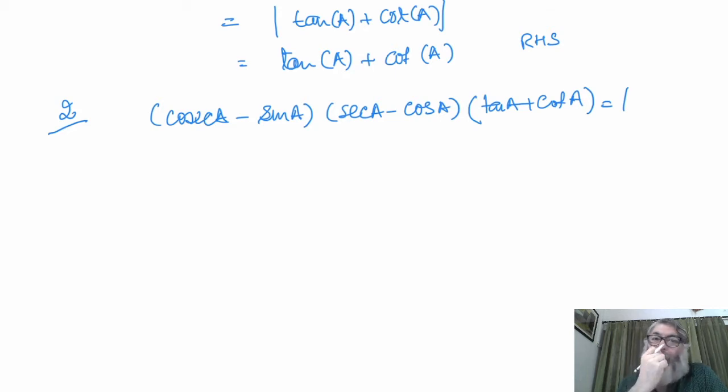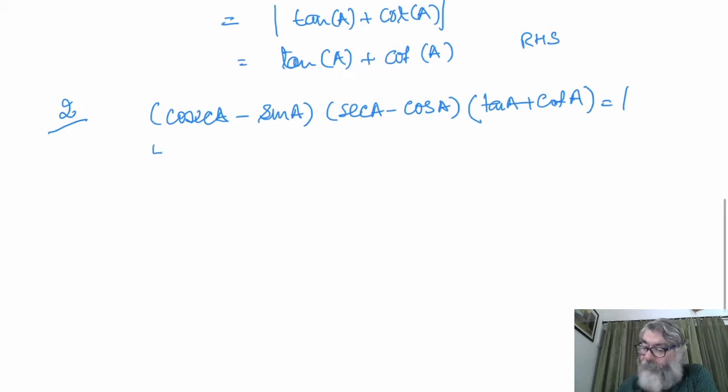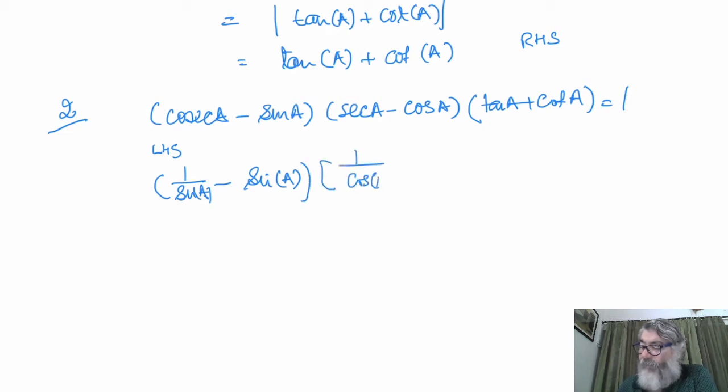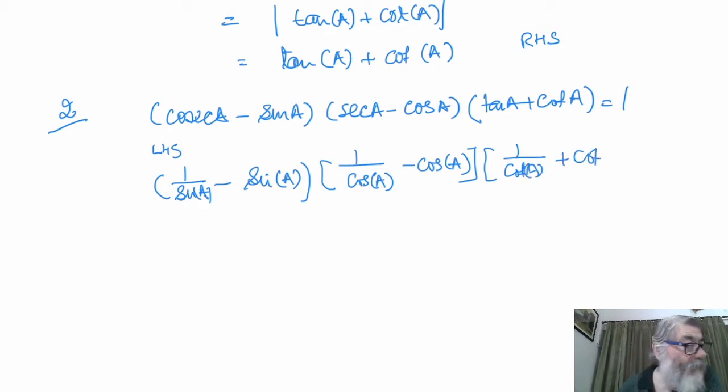So let us write. Let's start with left hand side. Cosec A will be 1 upon sine A minus sine A. Sec A is 1 upon cos A minus cos A. In the third bracket I have 1 upon cot A plus cot A. It is plus only.